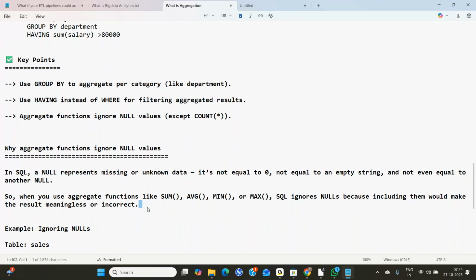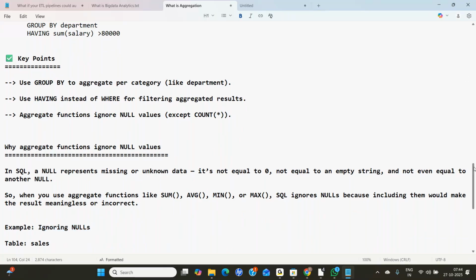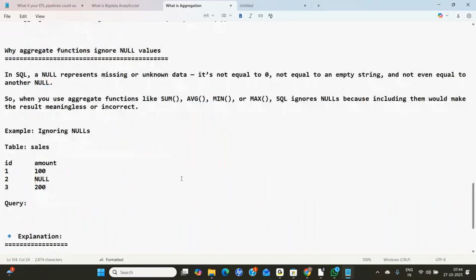If you consider ignoring null values, see a sales table with ID and amount: one row with amount 300, and another with a null value.